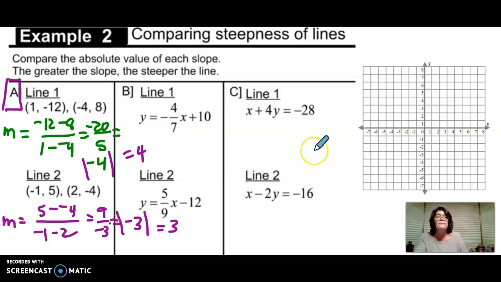If I graph 1, -12, which I can't, -4, 8, is way at the bottom.